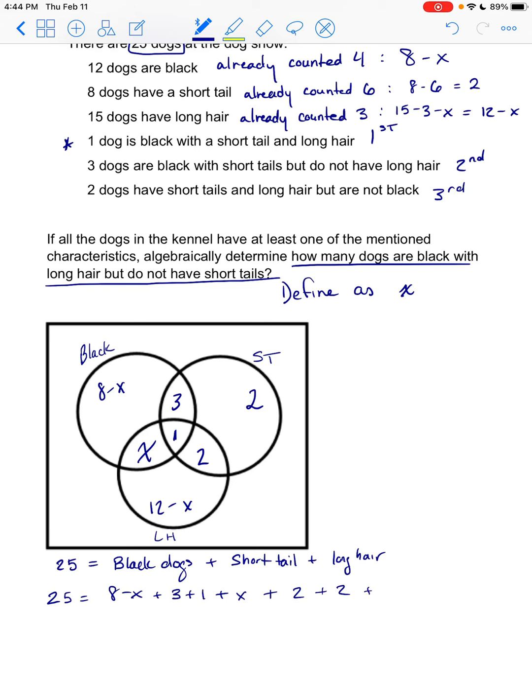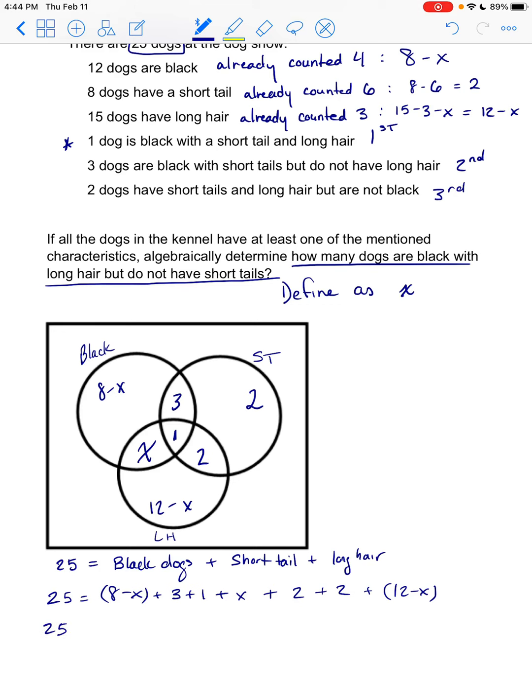And finally, the ones that are left should just be 12 minus x, the long hair only dogs. Everything else has been included already. If you want, we can put these terms in brackets so you can think of it as one piece, or one number of dogs.